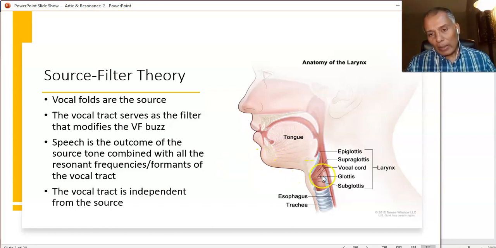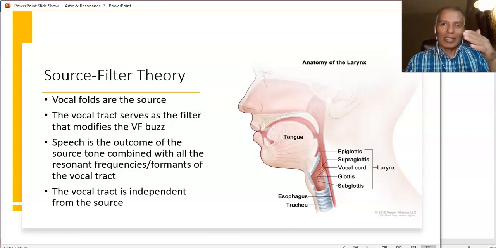But in the end, this vocal buzz is going to be mixed with all these 40 different formants. And it is like you start with one person singing and 40 people join that person, but with different levels of loudness and different levels of pitch. Pitches are related.